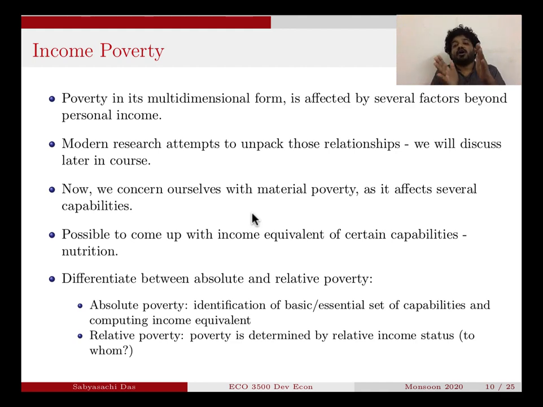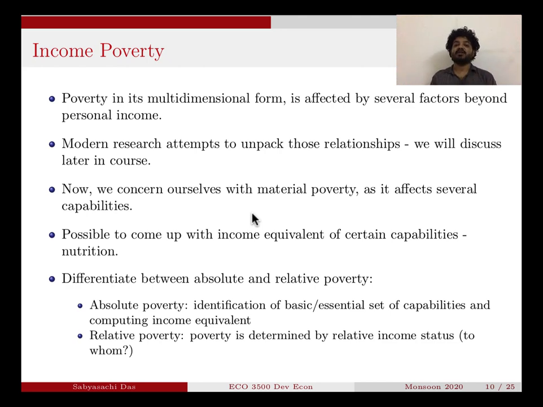The goal is to ensure attainability of certain capabilities, a subset of that list, which can be attained by having more income. And the one thing that, for example, researchers have specifically focused on is nutrition.